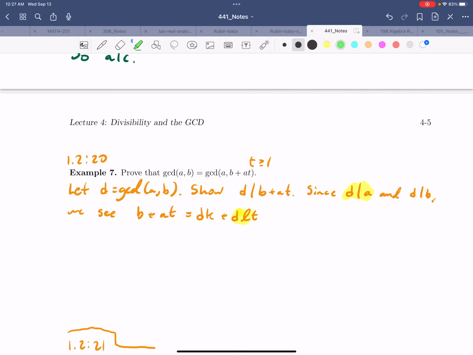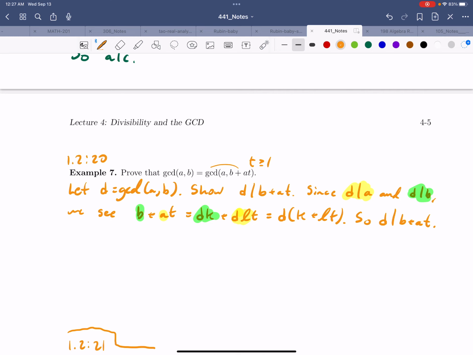And if D divides B, then we can write it like this, just to be crystal clear. Then, of course, you can factor out the D, and you see that D does, in fact, divide B plus AT.